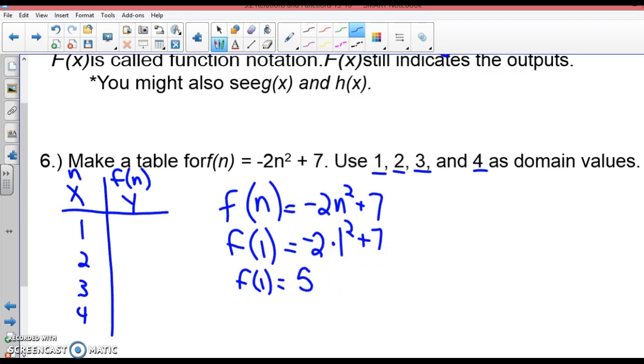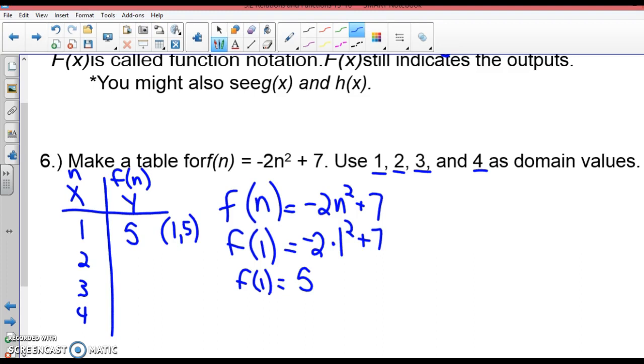So, my first ordered pair, when I input 1, I output 5. My ordered pair is 1, 5. Correct.